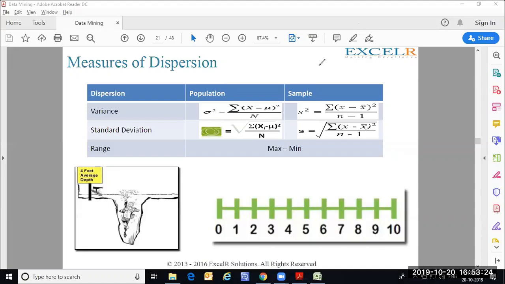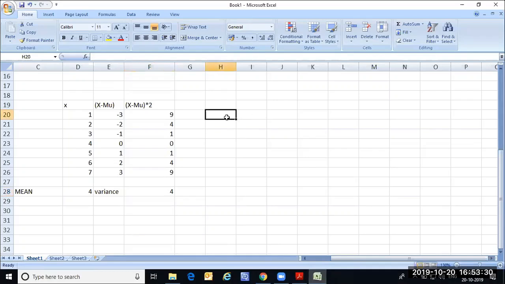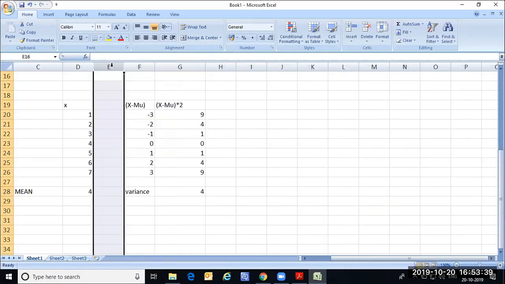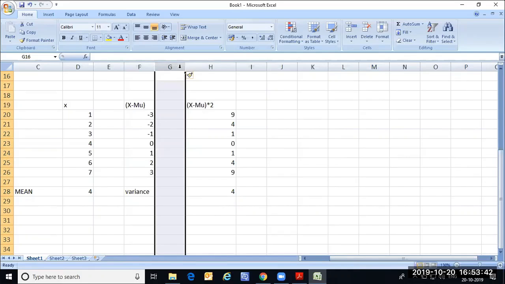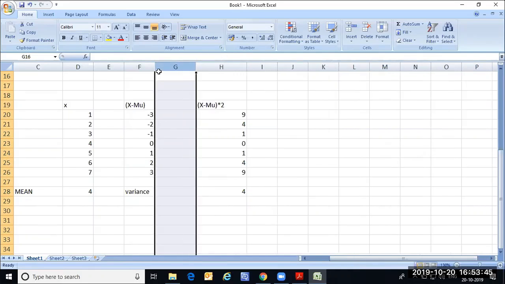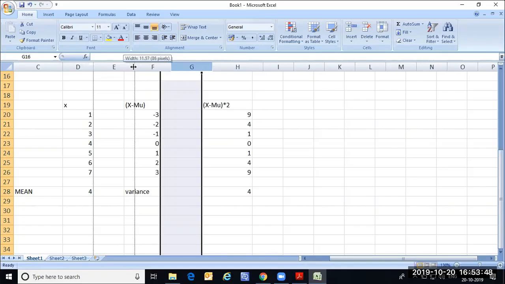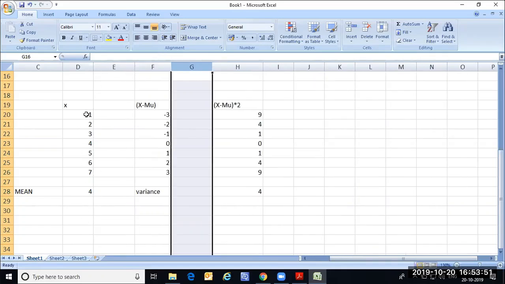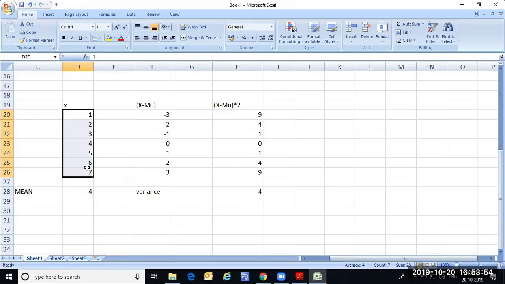Because of the reason that, let's say this is our original data. Let's assume for the time being that these are about the distance measured in centimeters.